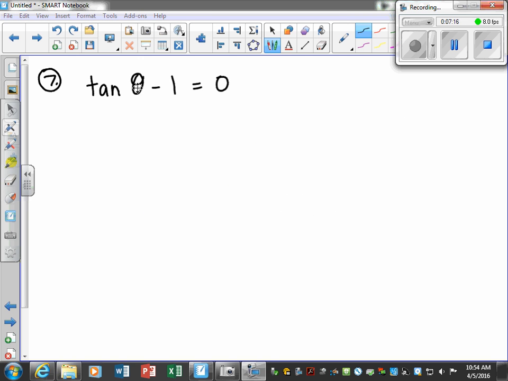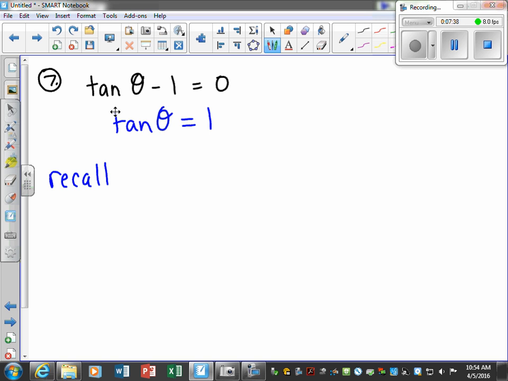Okay, theta's by itself, it doesn't have a multiple with it, so we're not dealing with the k times 2 pi situation. Let's just solve this. Let's add 1 to both sides to get tangent theta by itself. So tangent theta is equal to 1. Now recall, what is the definition of tangent theta?